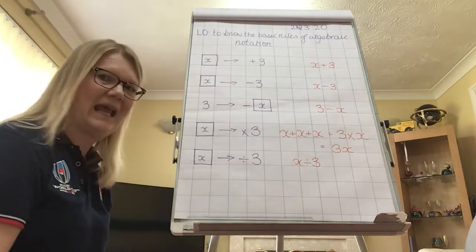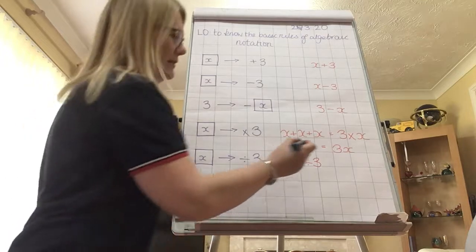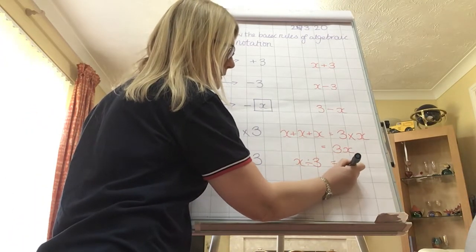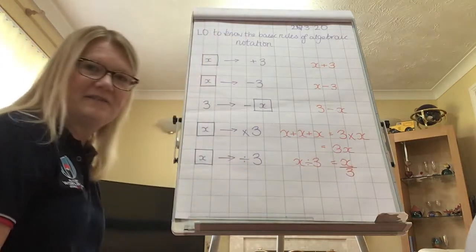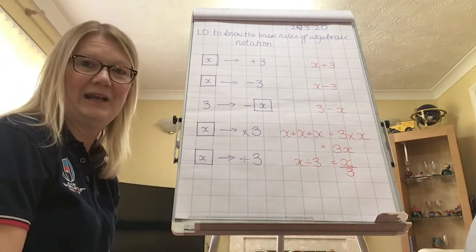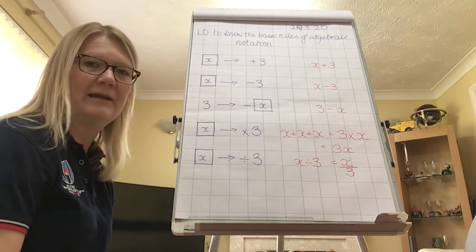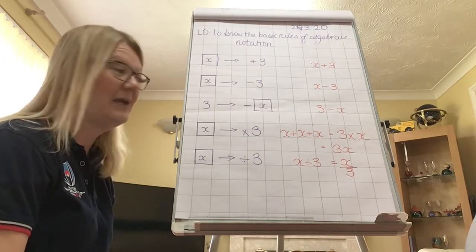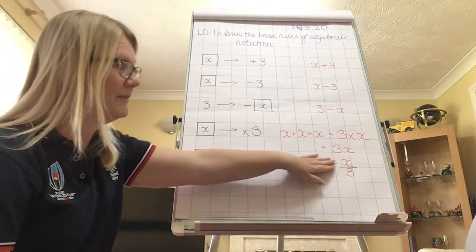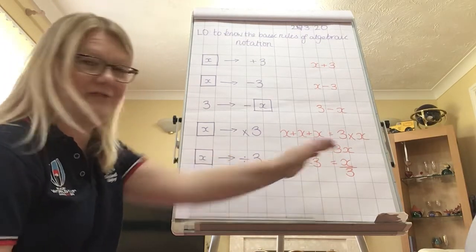So instead of writing x divided by 3, we can use that nifty little trick. And actually, that's how you would normally see it written when we're working with letters in algebra. Okay, it means exactly the same. It means x divided by 3.